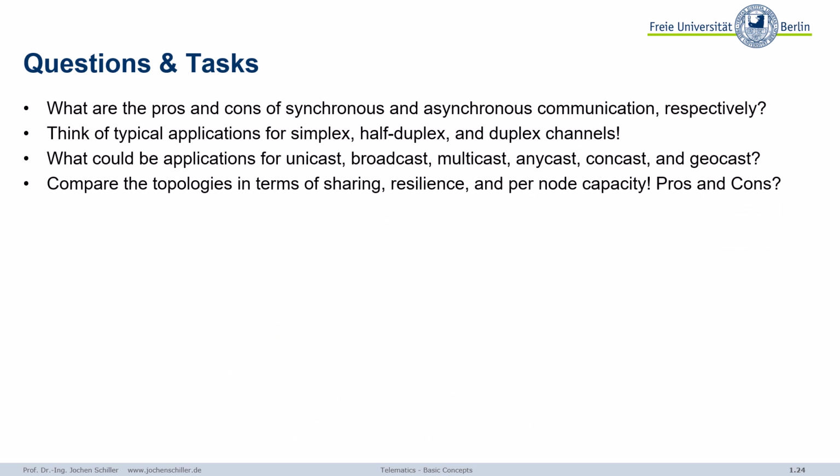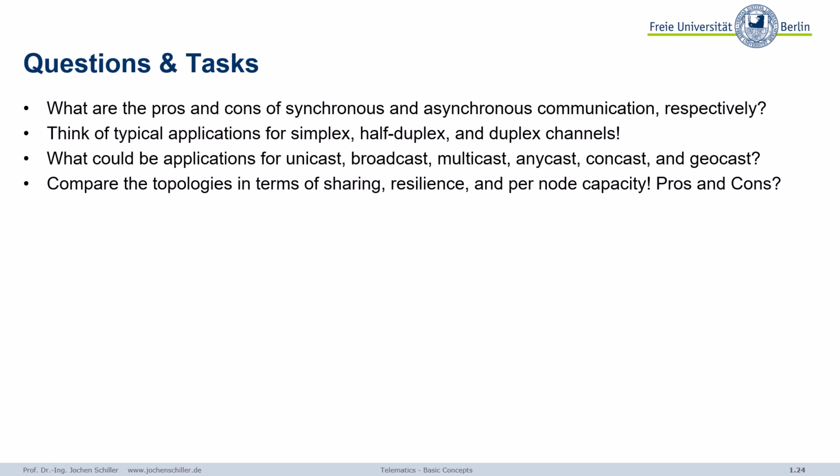So let's come to some questions and some tasks. Think of the pros and the cons of synchronous and asynchronous communication. What is good? Why should we go for synchronous? But maybe what are the disadvantages? When do we use asynchronous? Think also of applications for synchronous and asynchronous. You should know some.